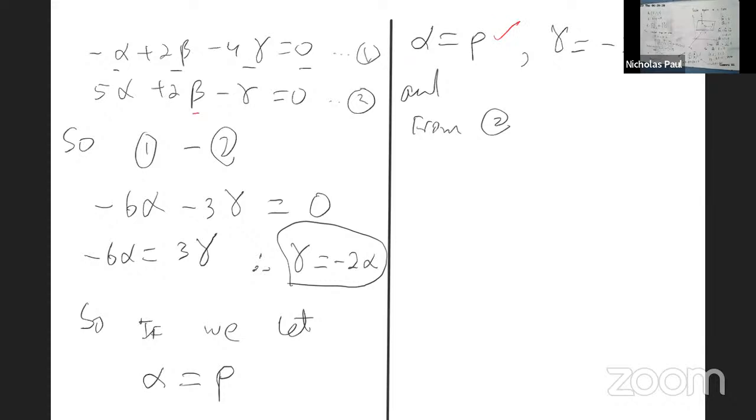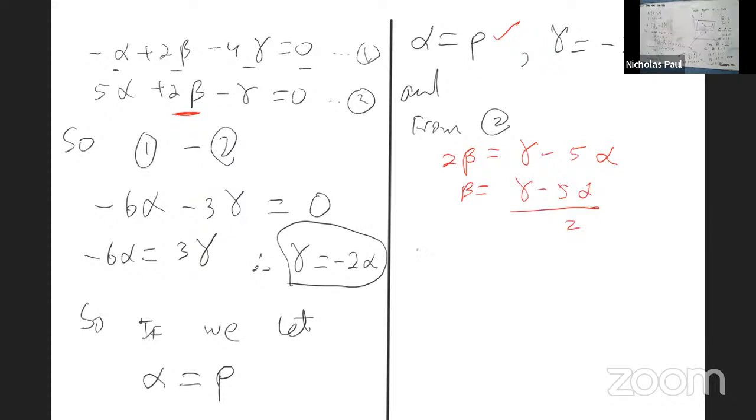So from equation 2, 2 beta is equal to gamma minus 5 alpha. So beta is equal to gamma minus 5 alpha all over 2.